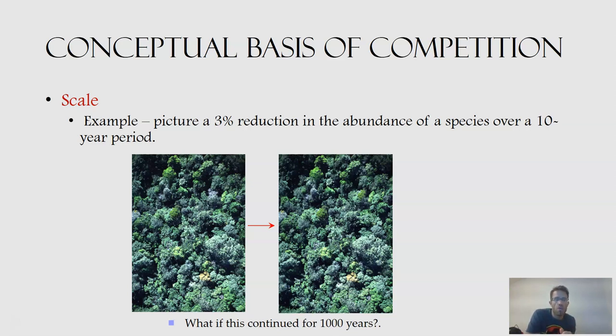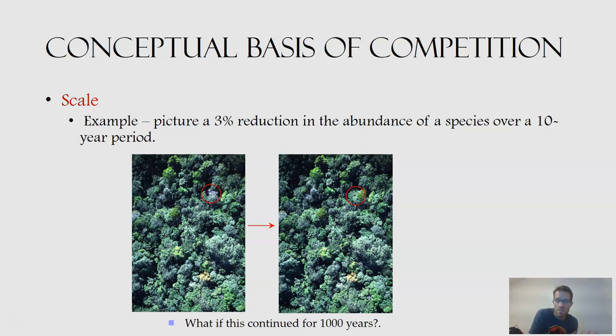Let's picture a 3% reduction in the abundance of one particular species over a 10-year period. Let's think about this one individual. We've replaced this one individual over 10 years from left to right. Left is year 0, and the right image is 10 years later. That one individual has changed.